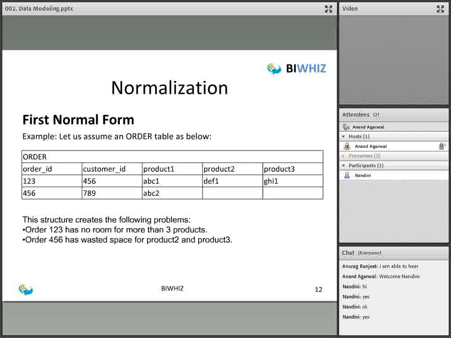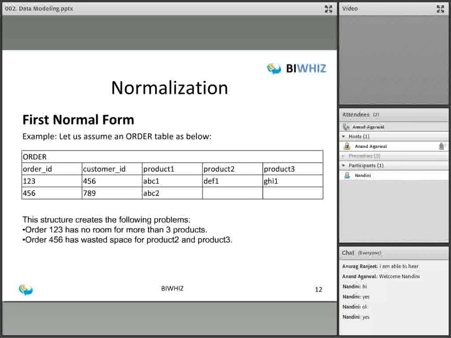This storage, where you want to store the order, the customer, and then products or items like product 1, product 2, product 3, product 4, is highly inefficient, because you are constraining the user to have only a certain number of products, and if the user doesn't have that number of products, you are actually wasting the space, right?